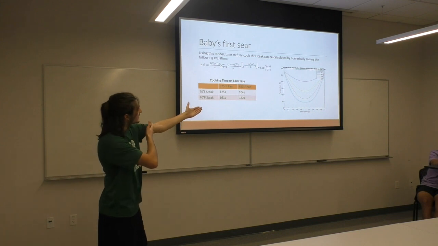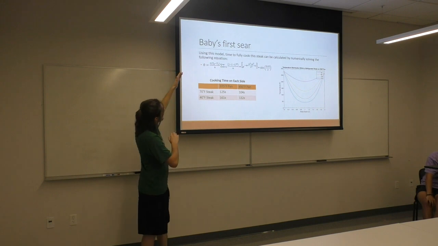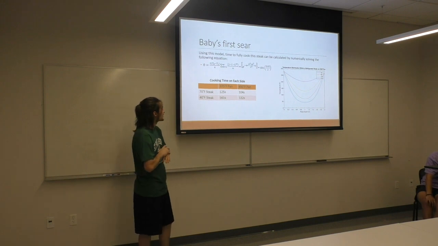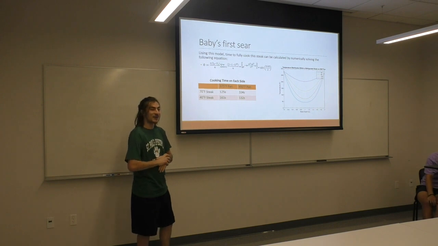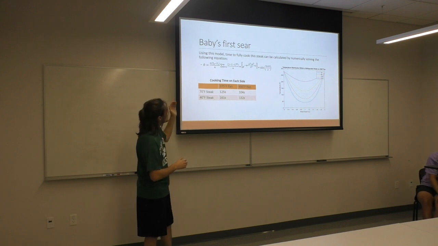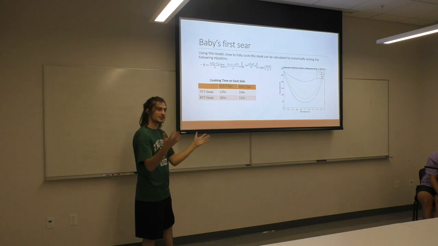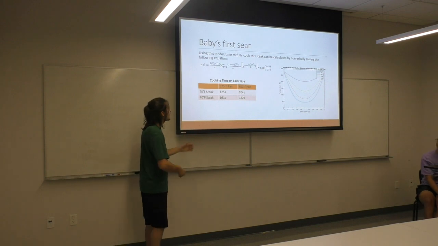This right here is the temperature distribution inside the steak, and this lovely equation is pretty much just a Fourier transform finding the temperature at all points within the steak. If you back out temperature and numerically solve for that, you can find the cooking time on each side, because remember, this is assuming cooking from both sides.